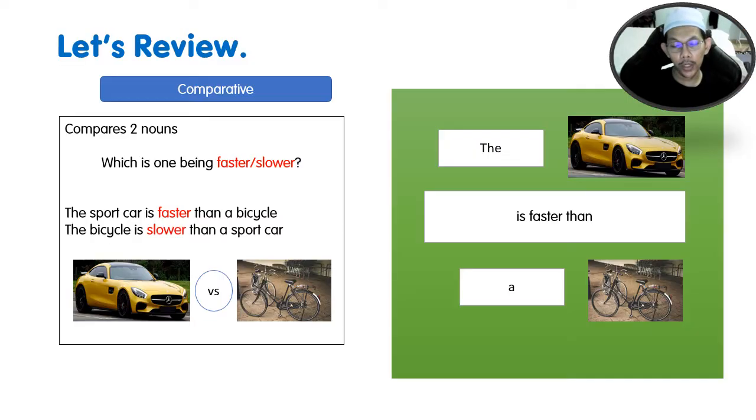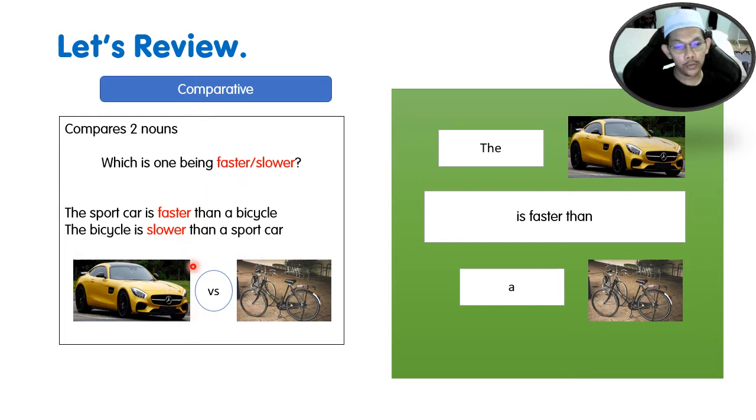Okay, so what is comparative? Comparative is when we compare 2 nouns, such as in the picture here, you can see the yellow sports car and then a bicycle. Which one is faster?